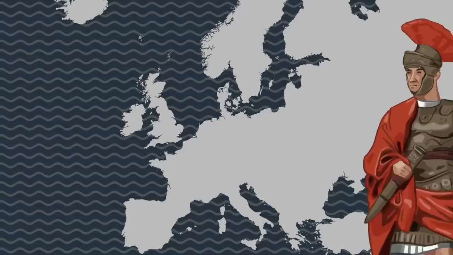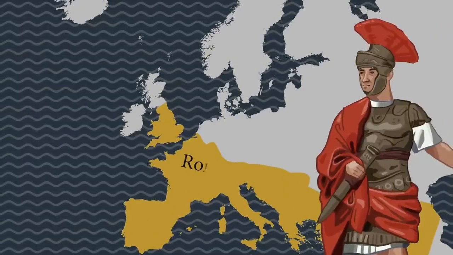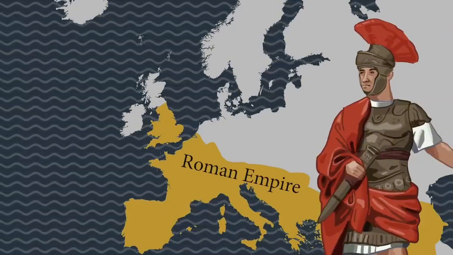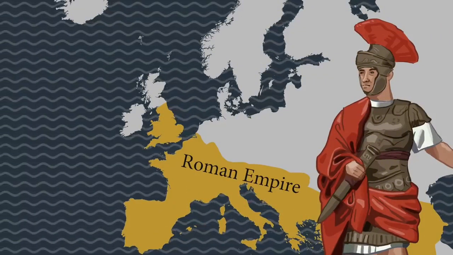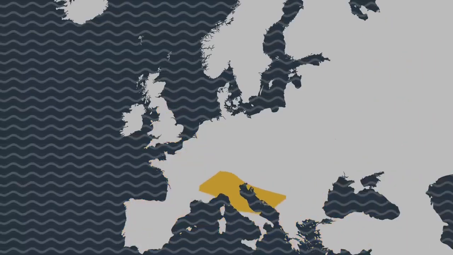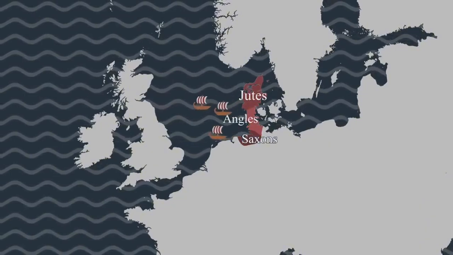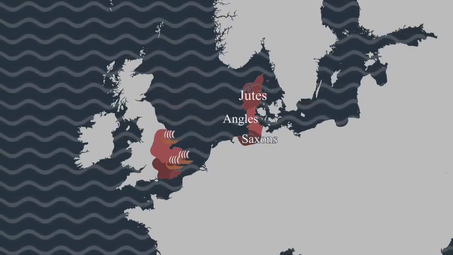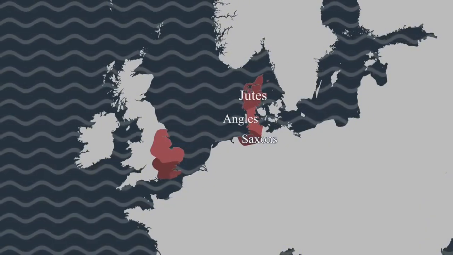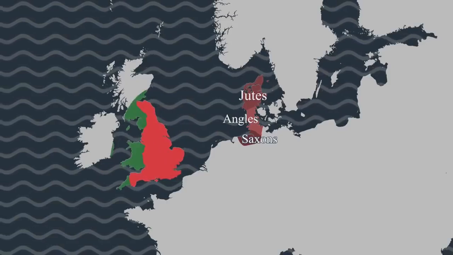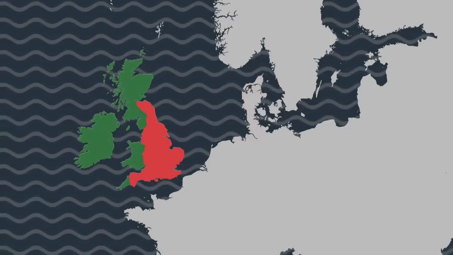In the early 5th century, the Romans, who had ruled over England for over 400 years, withdrew their hold over the island. Filling this vacuum, a number of Germanic tribes from Denmark and the north of Germany ventured onto the island and slowly replaced the Celtic and Romano-British cultures that had been dominant in the area.